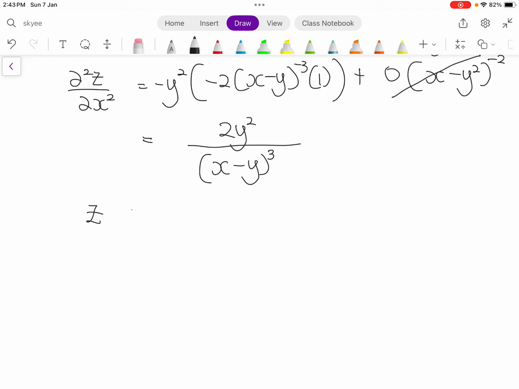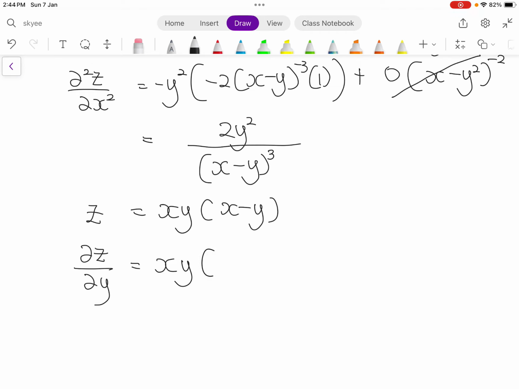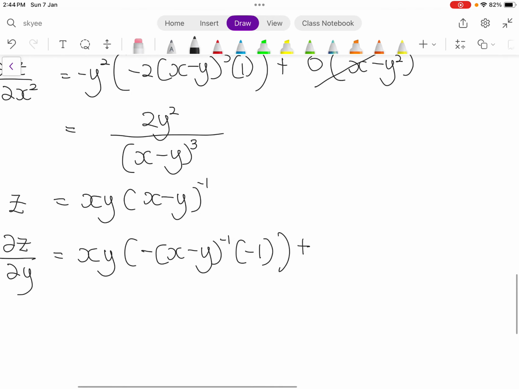As for del z del y, we have to write it out again. This is xy times x minus y to the power negative 1. For del z del y, you will get xy times negative x minus y to the power negative 2 times negative 1, plus, with respect to y, x times x minus y to the power negative 1.